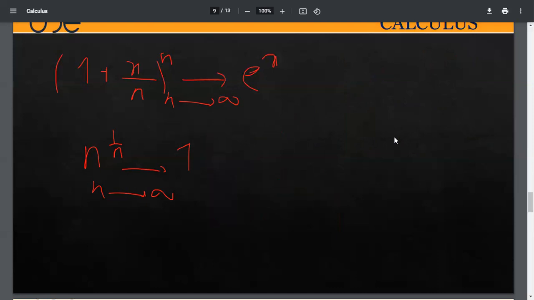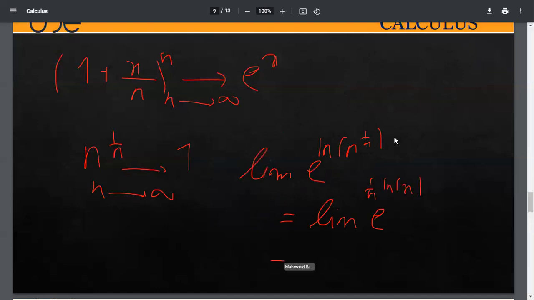This means that the limit of n power 1 over n, which is equal to the limit of e power 1 over n ln n, is equal to e power the limit of ln n over n, which is equal to e power 0, which is equal to 1.